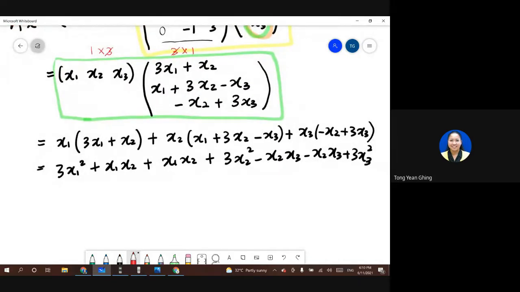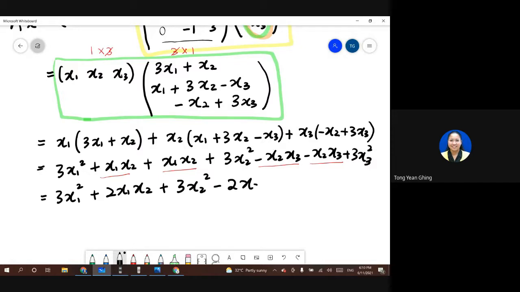So because here we got x1, x2, and here we got 2. Okay, so I will write it again. 2x1, x2 plus 3x2 square minus 2x2, x3 plus 3x3 square.